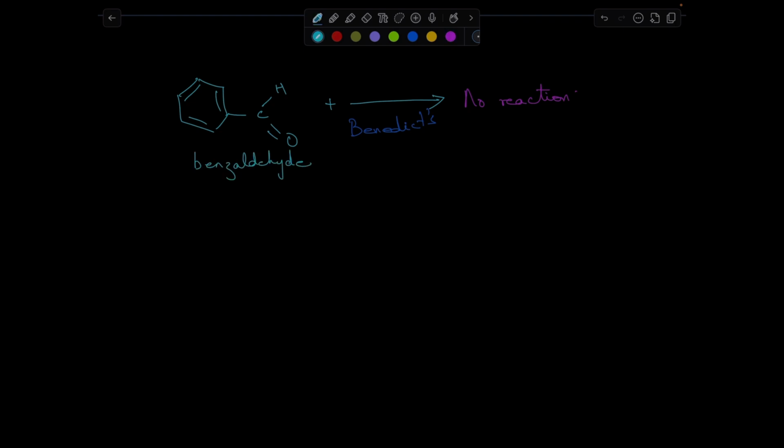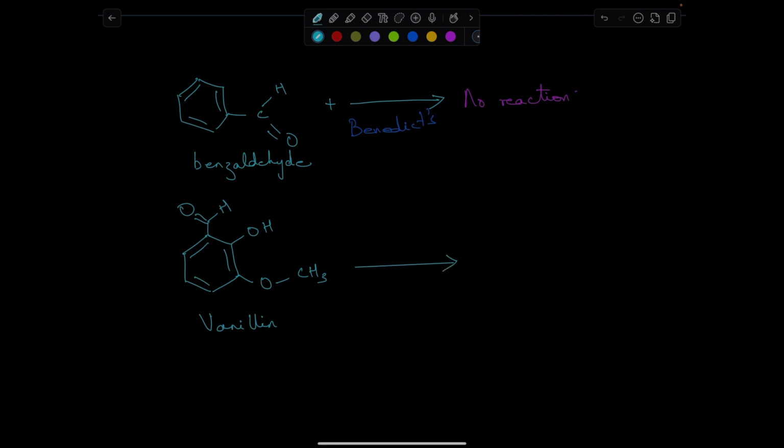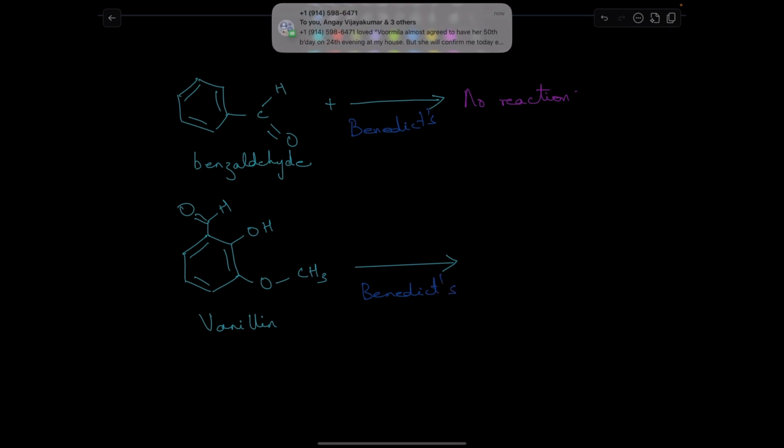Next is vanillin. Vanillin is again an aromatic aldehyde, so we can say that it should not react with Benedict's reagent.